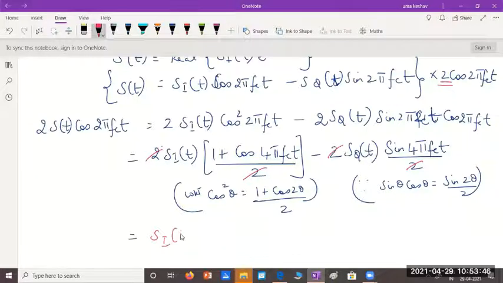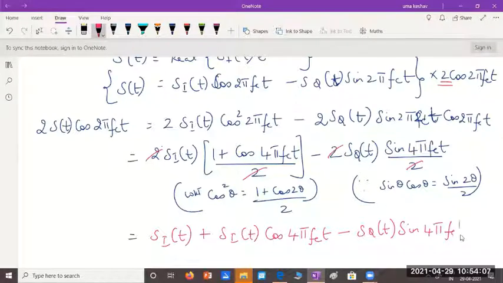So I'll get this S_I of t directly instead of S_I of t by 2, plus this will be S_I of t cos 4 pi fct and this will be S_Q of t sin 4 pi fct.